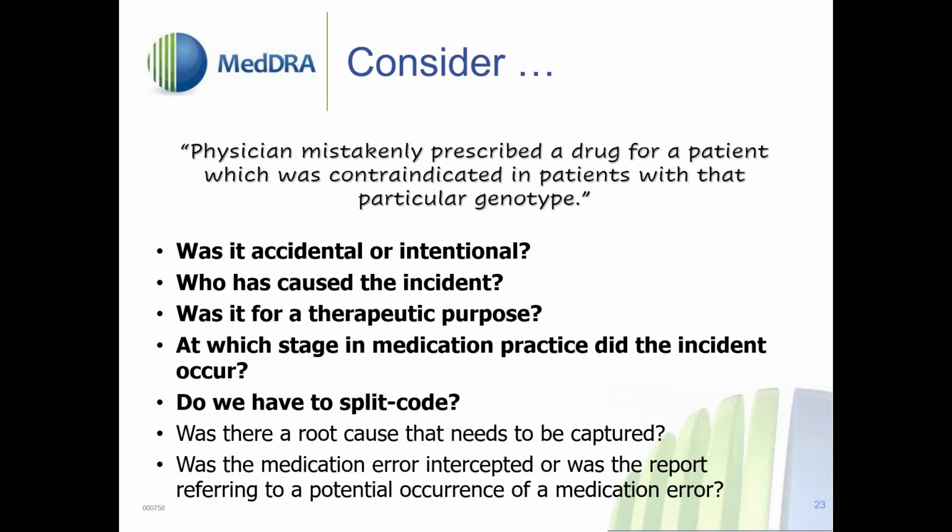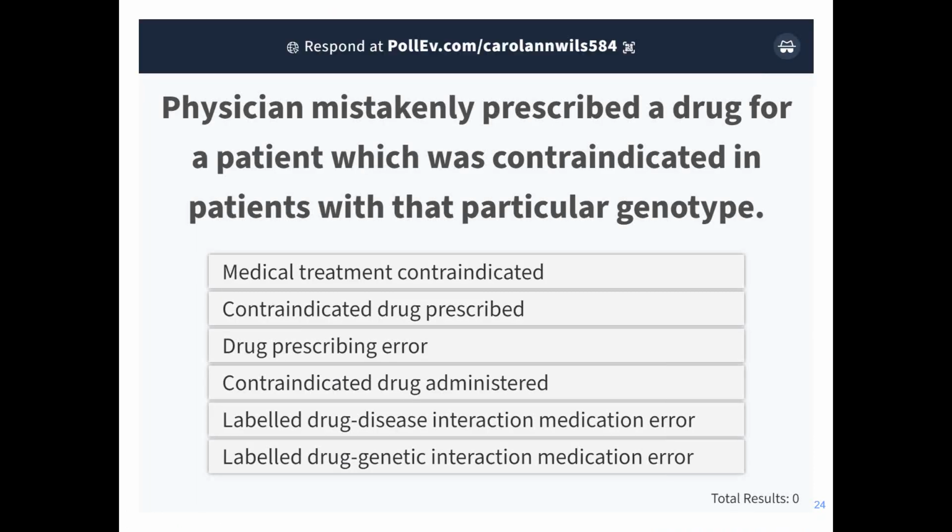So here, the first 5 questions can be answered and have to be taken into account when looking for suitable LLTs. Here's the first poll. So how would you approach this verbatim? Physician mistakenly prescribed a drug for a patient which was contraindicated in patients with that particular genotype.